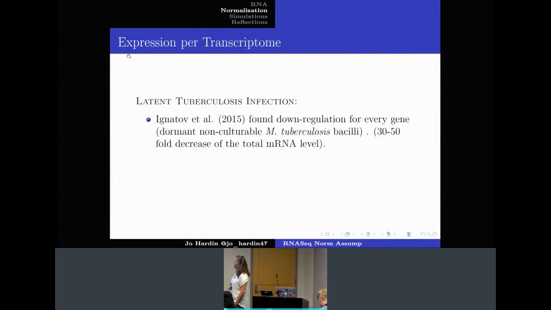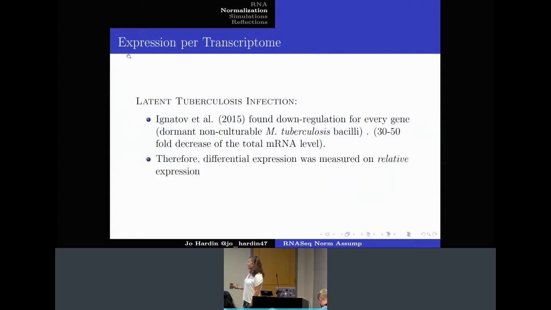Okay, so these researchers found that there was downregulation for every gene, and indeed a 30 to 50-fold decrease of the total mRNA level, and they decided that they wanted to measure relative expression.